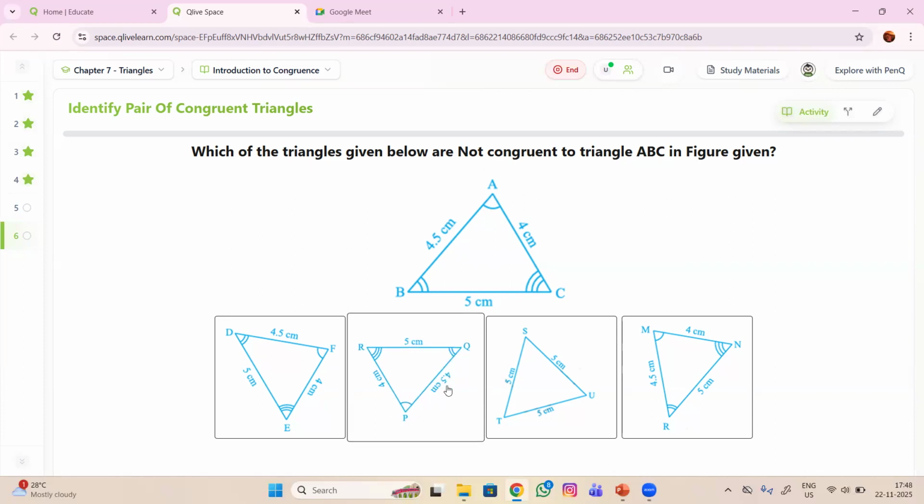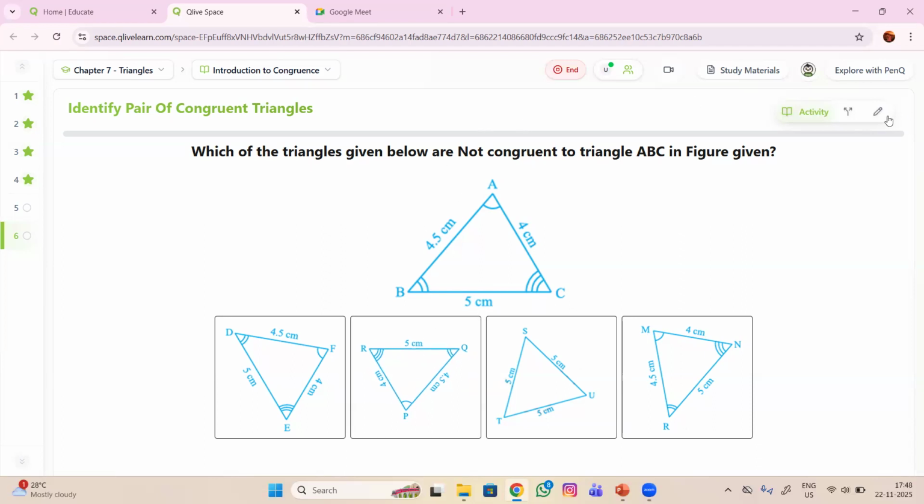These sides are common to this one. The angle opposite to the side 4.5 centimeter is marked.